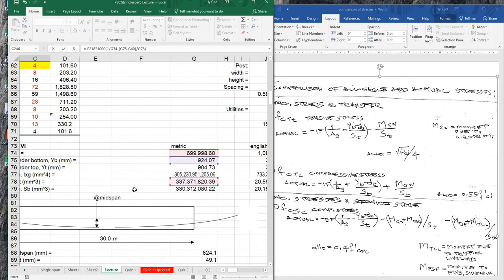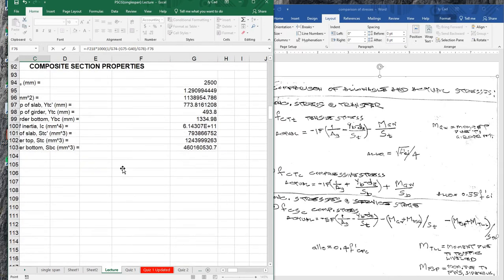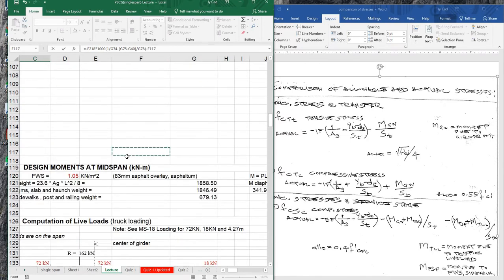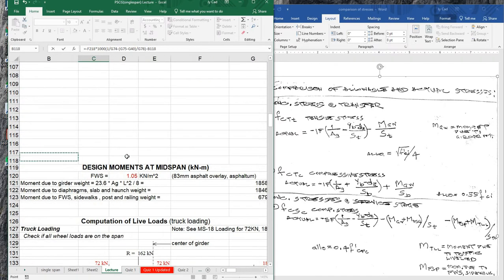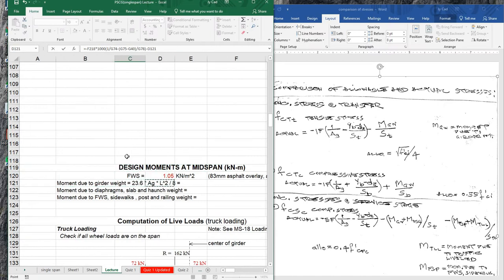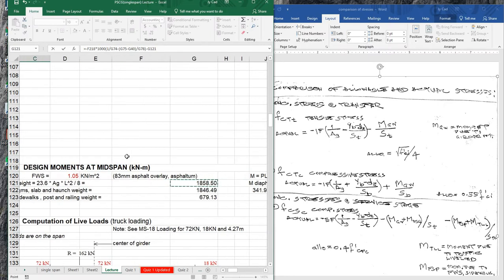Close parenthesis. Minus moment due to girder weight. Nandito yan sa design moments at midspan. Ayan. Moment due to girder weight. And this is in terms of kilonewton meter.